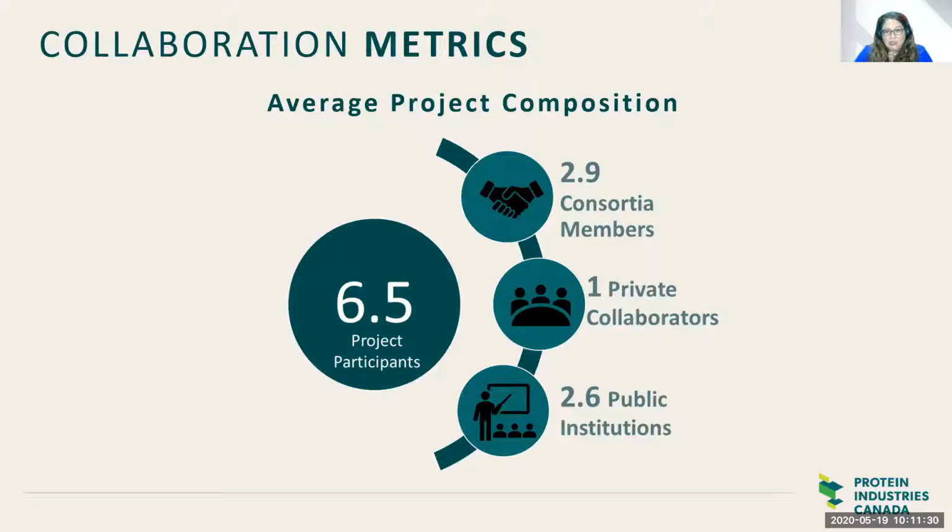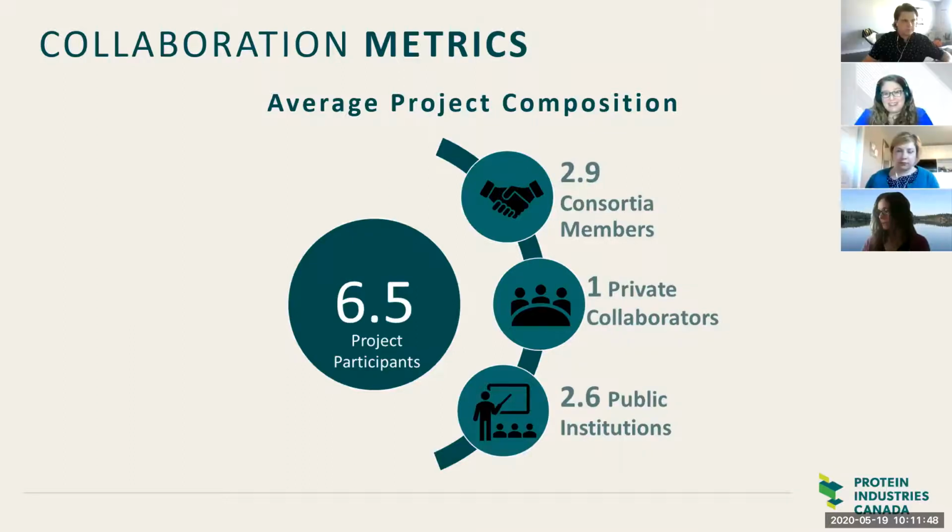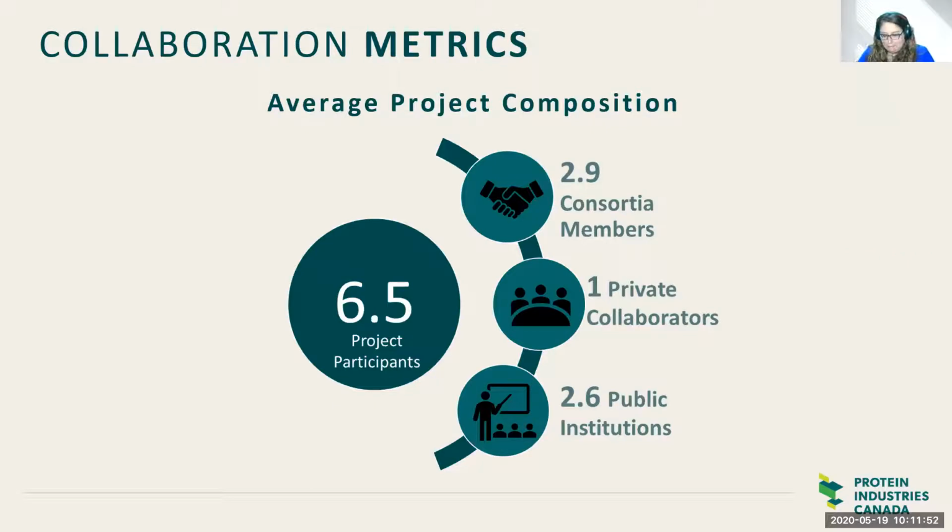In addition to those organizations, there's often additional entities that are involved in the project. So they could be private organizations such as food centers or public institutions such as educational post-secondary. On average, we're seeing a minimum of 6 to 7 project participants in the projects.